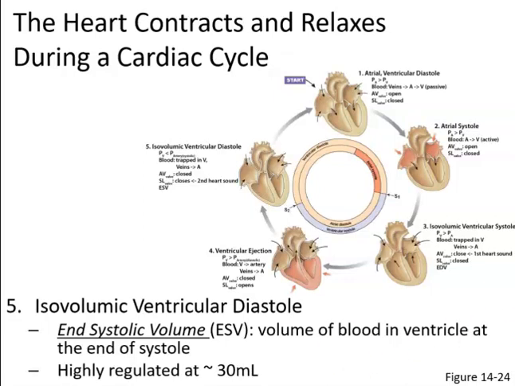So if we said that end diastolic volume is about 100 milliliters, and we know that the highly regulated number for end systolic volume is 30 milliliters, we can say that stroke volume equals 100 minus 30, which equals 70 milliliters per beat. And 70 milliliters per beat is what we consider normal stroke volume.